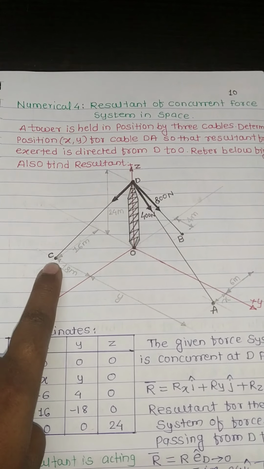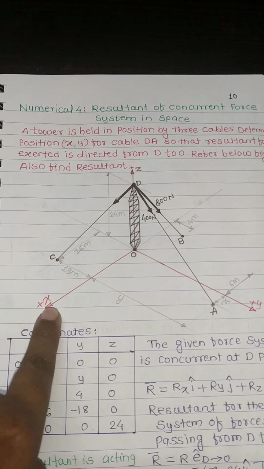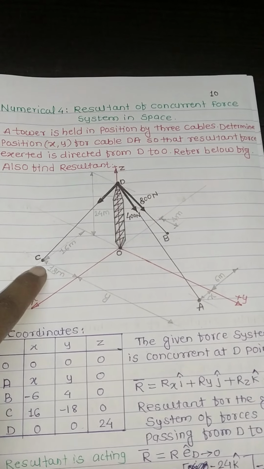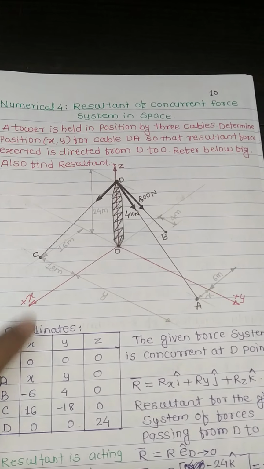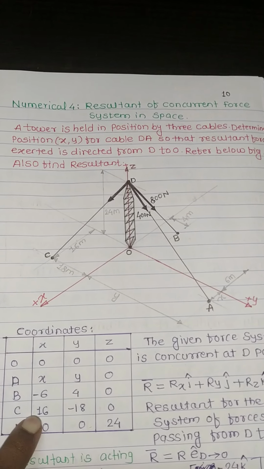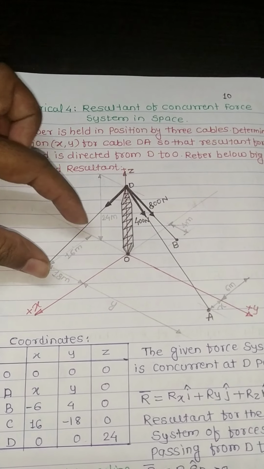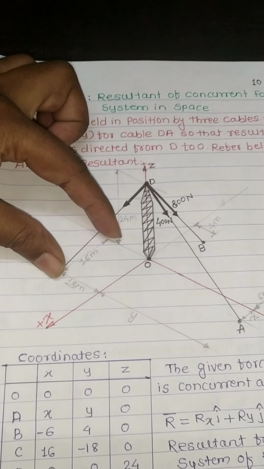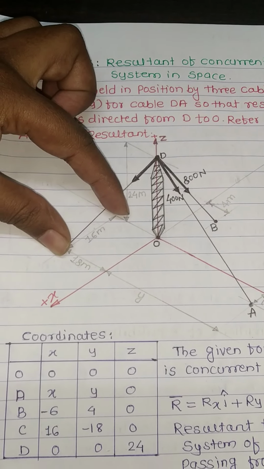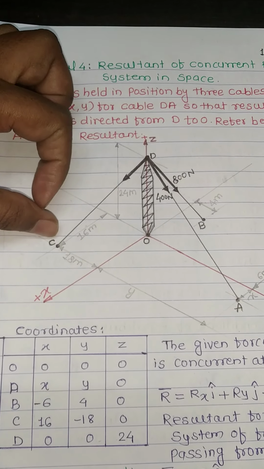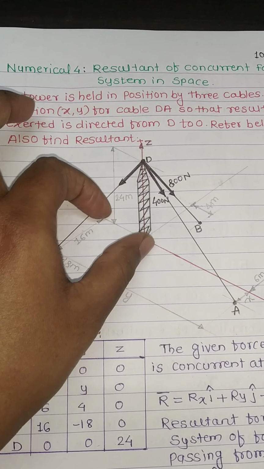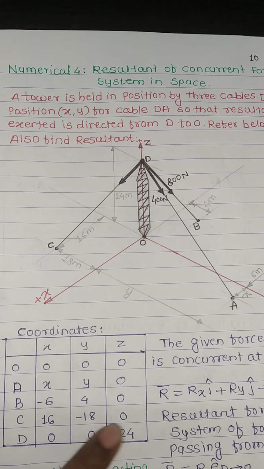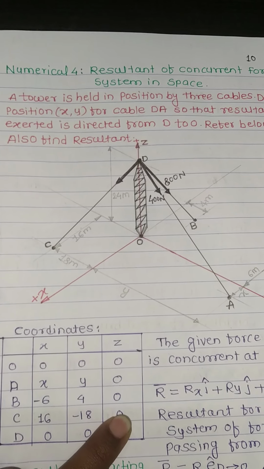Point C is defined in between positive x and negative y axis, so the z coordinate will be 0. For point C, x is positive, given as 16 meter. Then for the point C, the negative y distance is defined as minus 18 meter and the z coordinate will be 0.